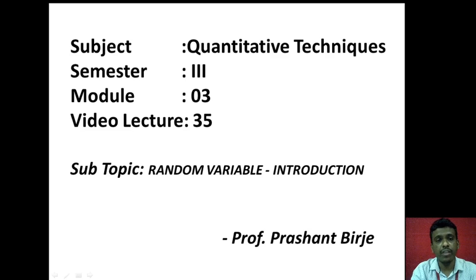In today's video lecture, we are going to start with the third video lecture, that is a random variable. Today we shall see the theory part of it. So, what is a random variable? In our previous video lecture, we have seen about various experiments that have been conducted, and we have found out the probability of those experiments.